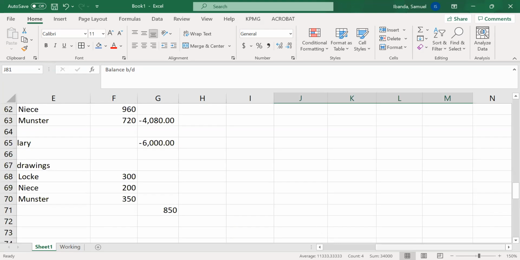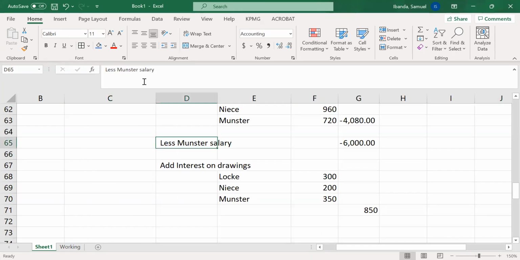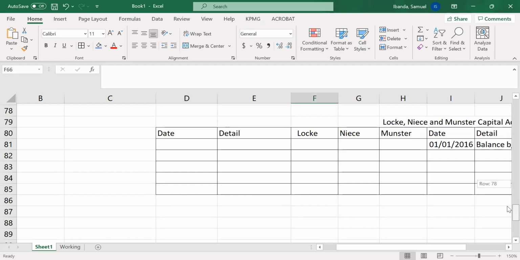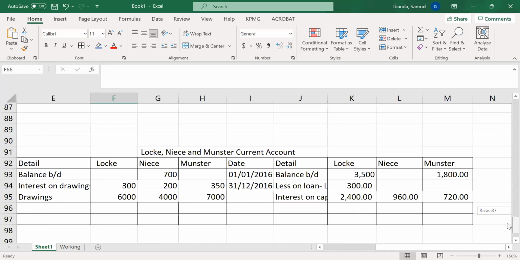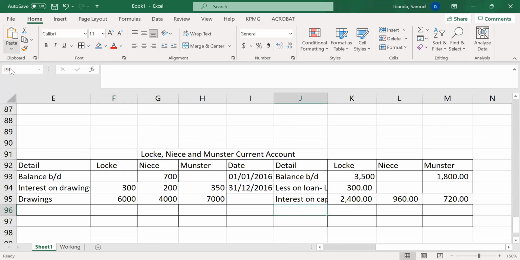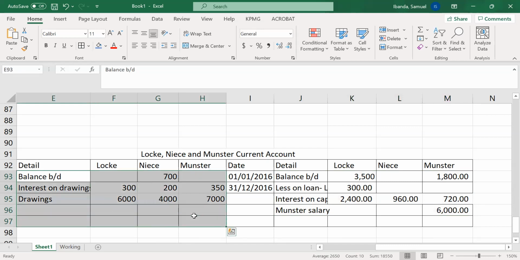The salary also goes in the current account, 6,000, because the partners are benefiting. So just come here and say Monster salary. Monster is the one getting this 6,000. So you can see anything that benefits the partner goes on this side, and anything that is being charged onto them, either drawings or interest on drawings, is being recorded on this other side, okay?